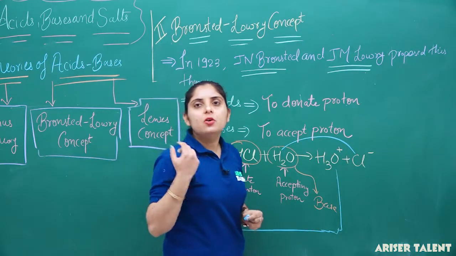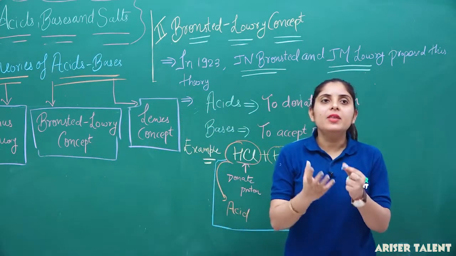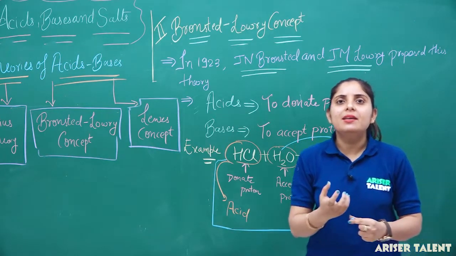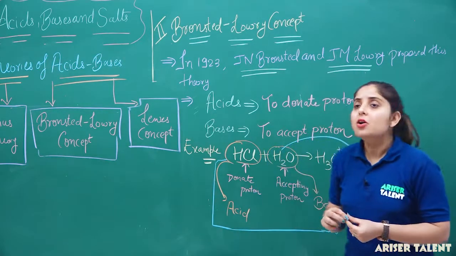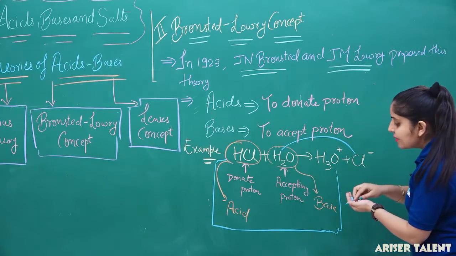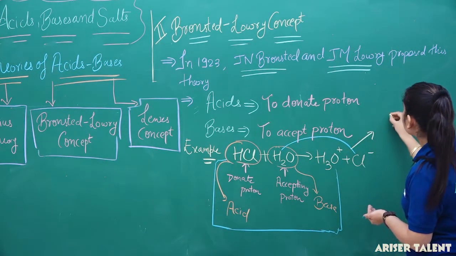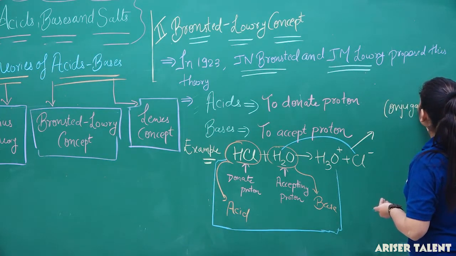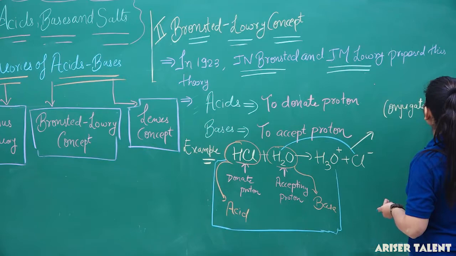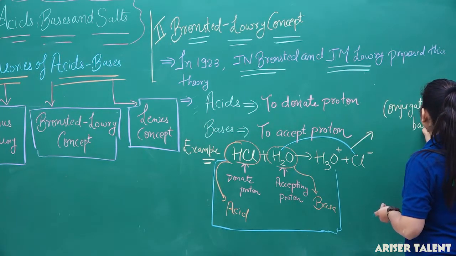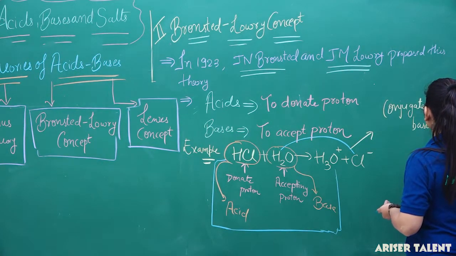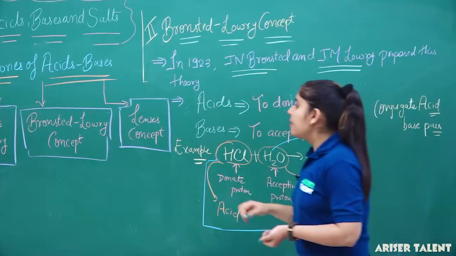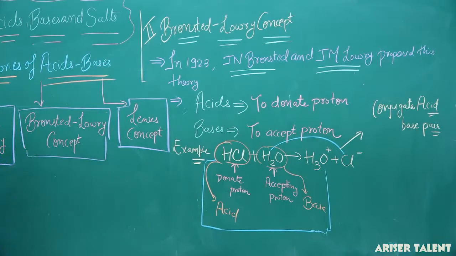So what is actually the conjugate acid base pair? If the gaining of the proton and donating of the proton is done simultaneously, we can consider it as a conjugate acid base pair. So we can say here that this is the conjugate acid base pair.